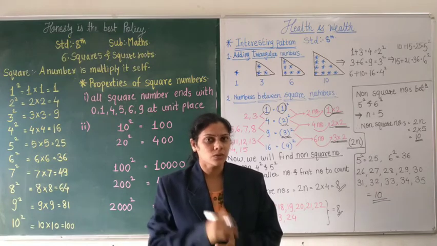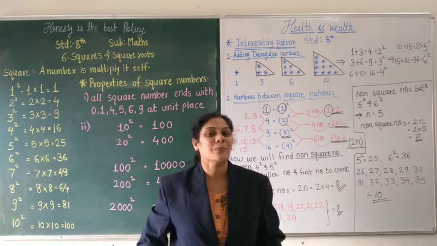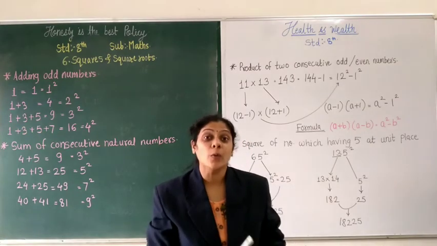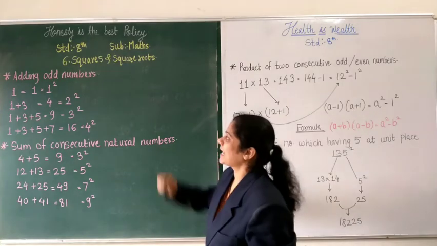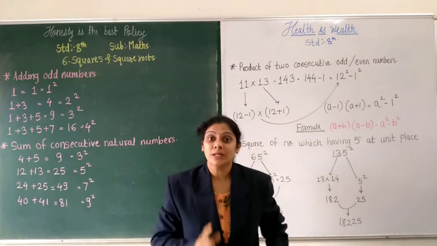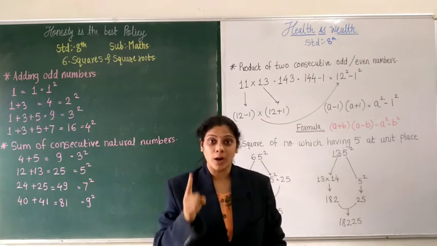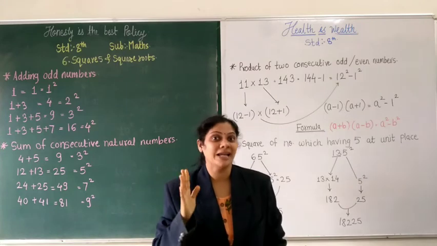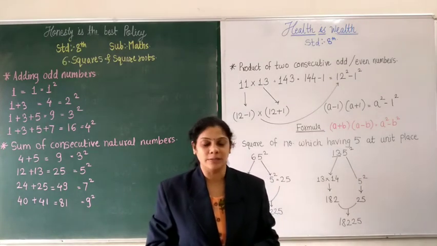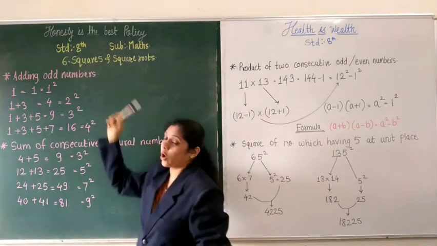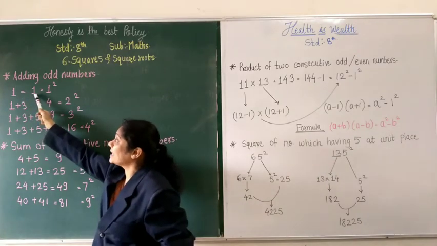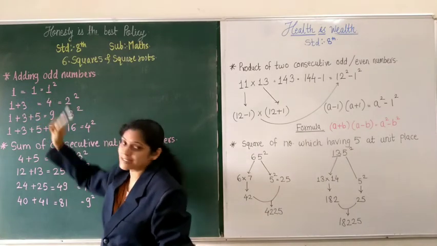Now we will start to study our next interesting pattern of square numbers. Our next interesting pattern is adding odd numbers. You know very well which are the odd numbers: the numbers which have 1, 3, 5, 7 and 9 at their unit place are known as odd numbers. So now look here, adding odd numbers. Which one is the first odd number? That is 1. And 1 is the square of itself, that is 1.